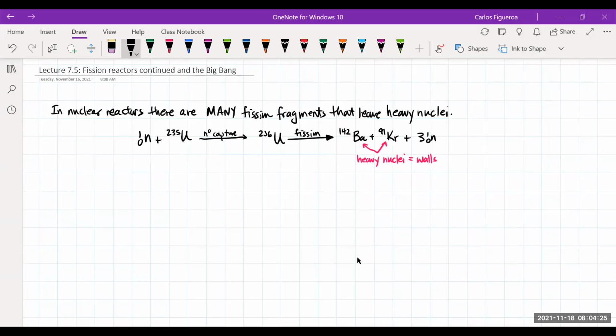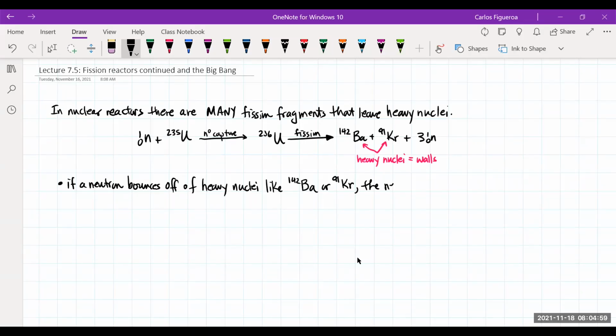So if I look at this thing, what I'm really saying is that if a neutron bounces off of heavy nuclei, like the 142 barium or the 91 krypton, the neutrons hardly lose any speed.